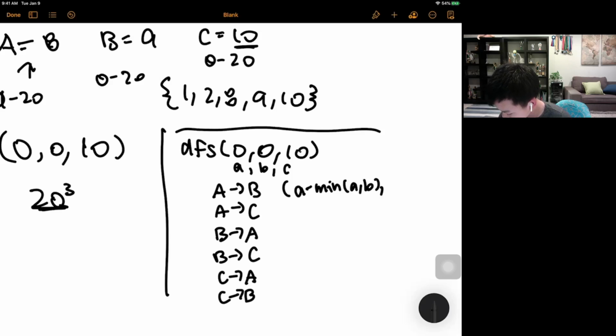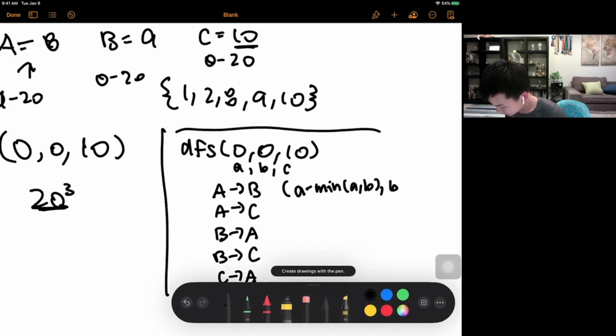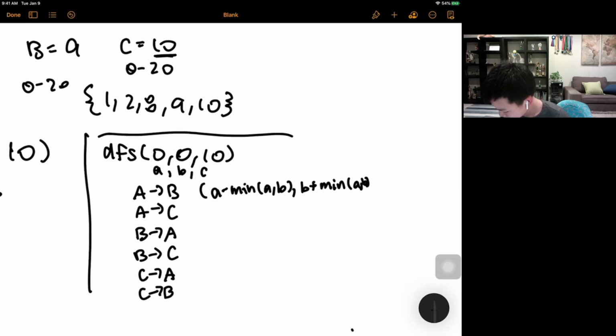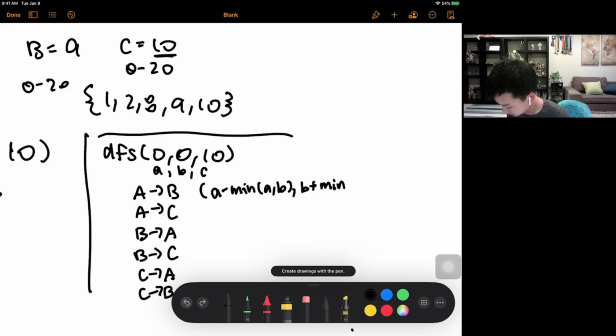The second value would be b plus min a, b, because you're adding this amount. Let me write that neater.